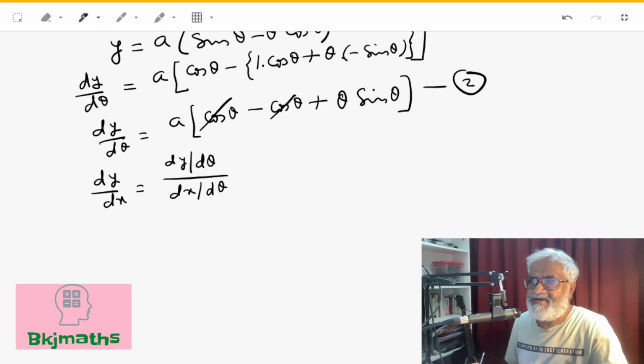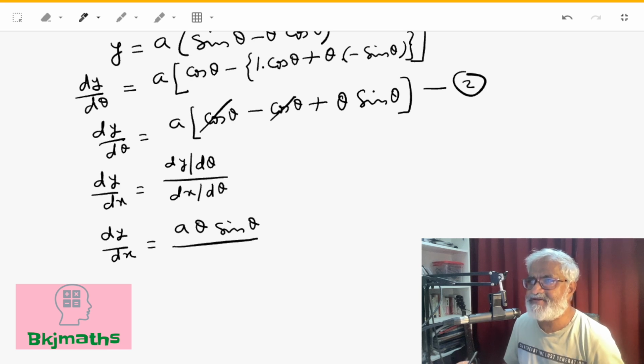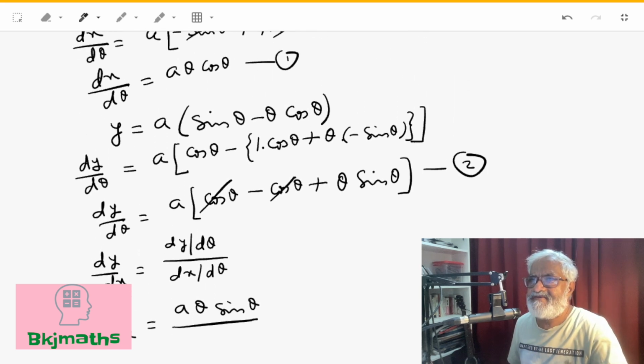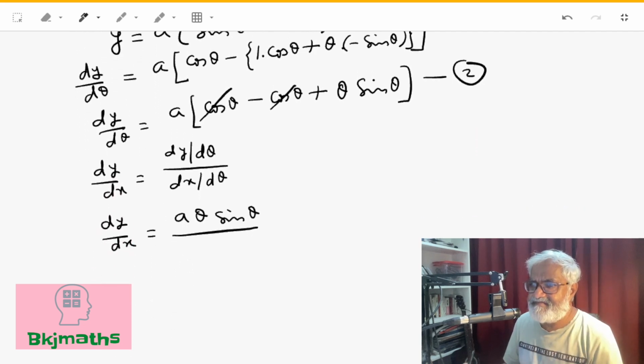Put the value: dy by dx equals, put the value of dy by d theta, a theta sin theta, upon dx by d theta, a theta cos theta. a cancel, theta cancel.